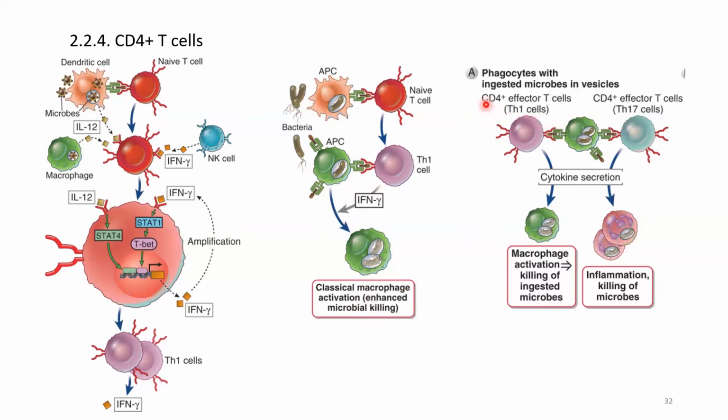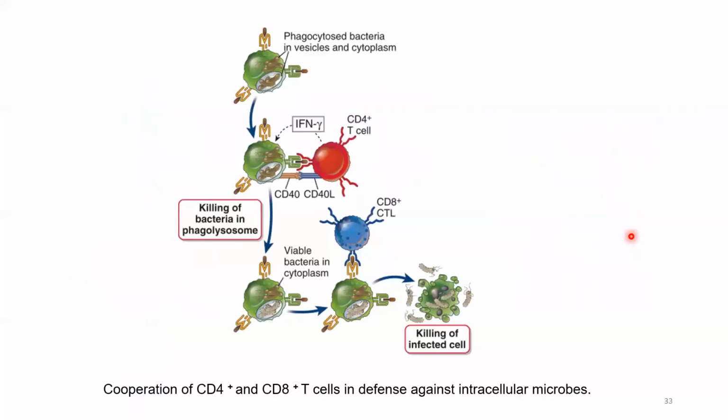This is also phagocytosis that ingests the microorganism in a vesicle. So when we get infected, the macrophage sends a signal to T helper 1 and T helper 17 to secrete cytokines to facilitate bacterial killing, as well as activate inflammation in order to kill microorganisms, kill bacteria.